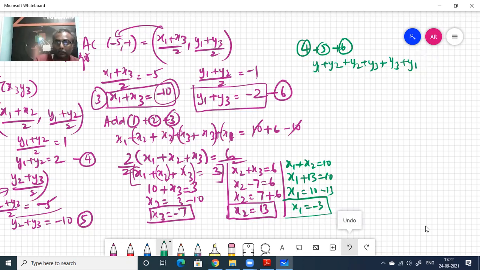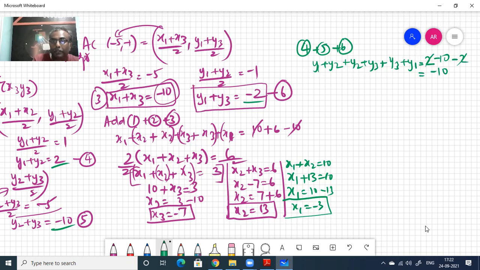Okay. Is equal to 2, then minus 10. This is 2. This is minus 10. Then y1 plus y3 minus 2. Minus 2. That is equal to 2 minus 2 will cancel out, minus 10 will remain.